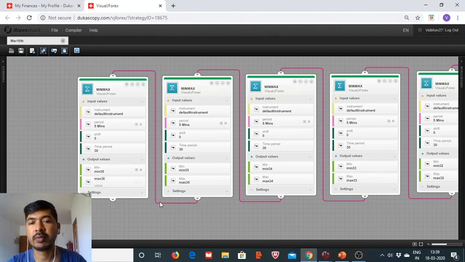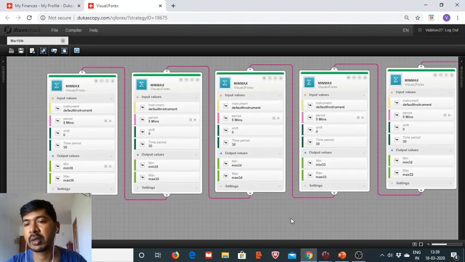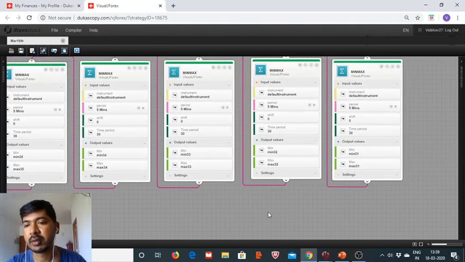So this is it, 5, 5, 5. Each min-max candle has been defined for 5 minutes. And now we change the time period from 30 to 48 each.